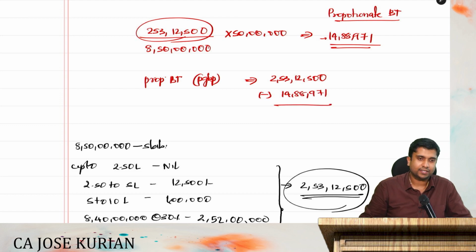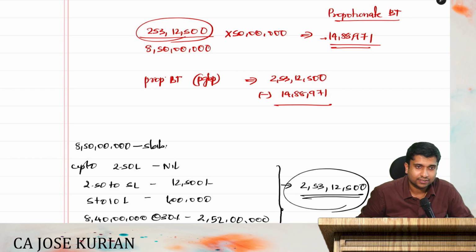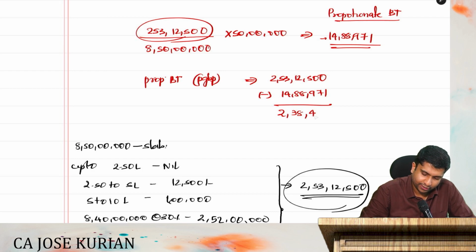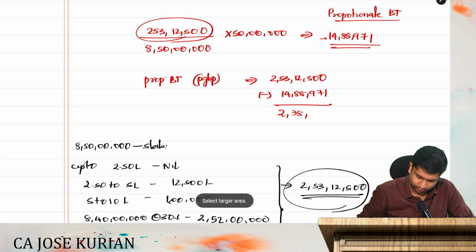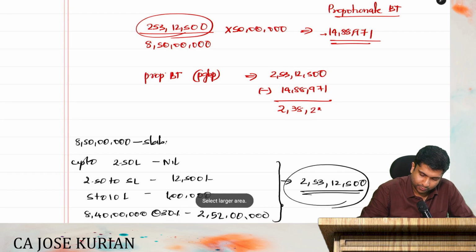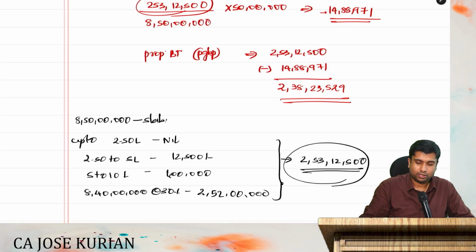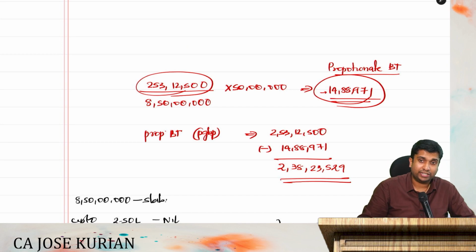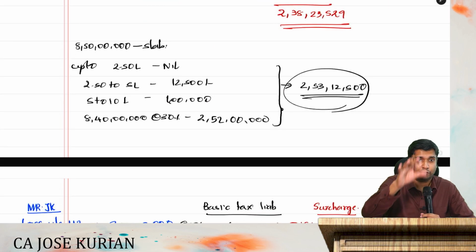Tell me how much is the proportionate basic tax? 2 crore 38 lakhs 23,529. Now, on the dividend income's basic tax liability, surcharge is 15%.